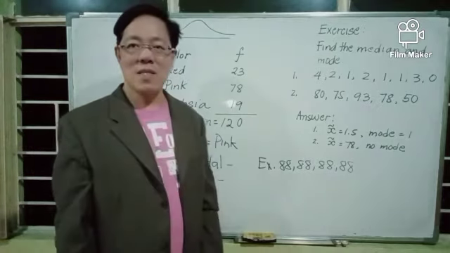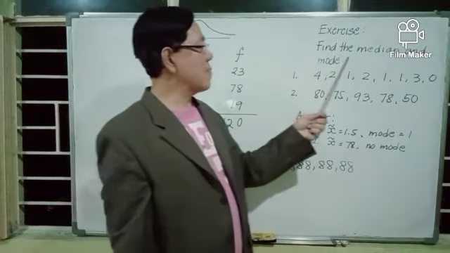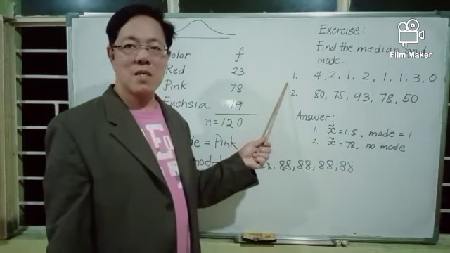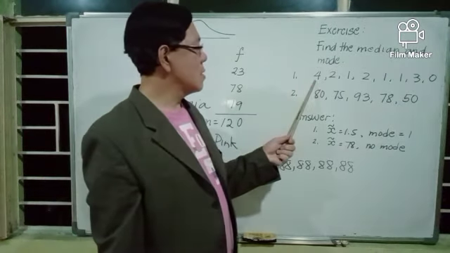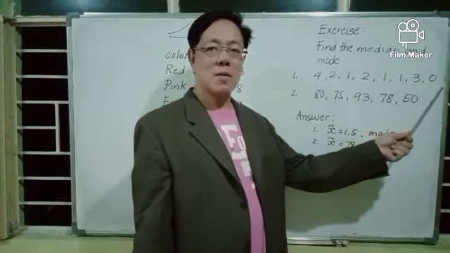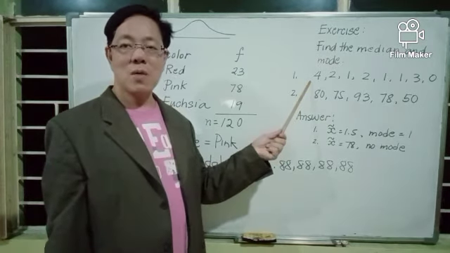For your practice, please try the following exercises. Find the median and mode. Number 1, the given set of data includes 4, 2, 1, 2, 1, 1, 3, 0. You will find the median and mode of this set of data.